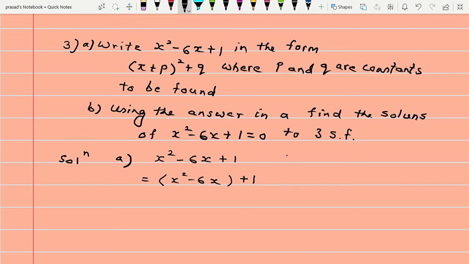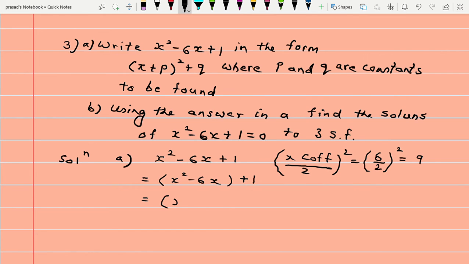Now consider x coefficient divided by 2 and square it. This is the usual step. So now x coefficient is 6 divided by 2 and square it. So 3 square is 9.